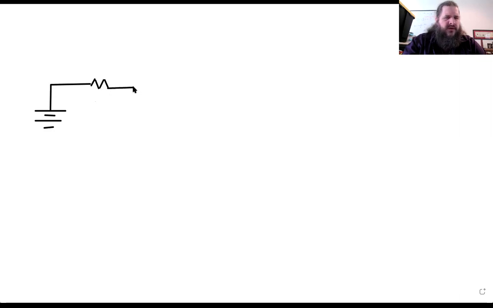And let's say then the circuit, the wire, I should say, splits into a path with a capacitor and a path with a resistor.